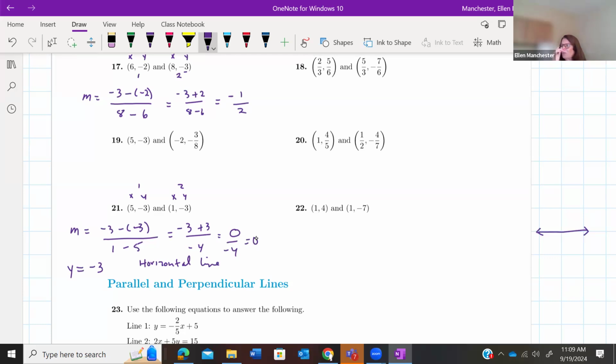So if I have zero rise, that means it's not going up or down. It's staying flat. Okay, so horizontal line, your slope will always be a zero because it has zero rise. It never goes up or down. Okay, so horizontal line, slope equals 0.